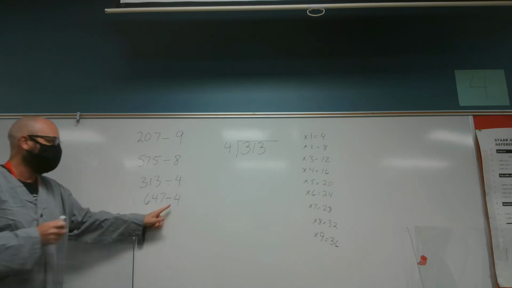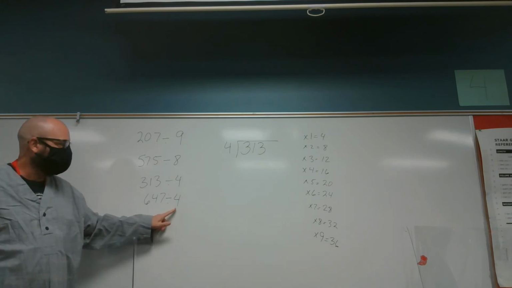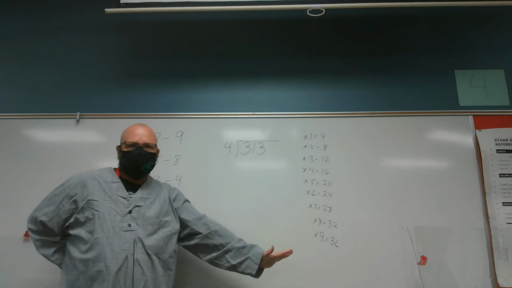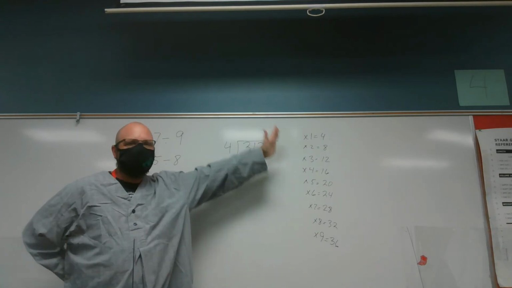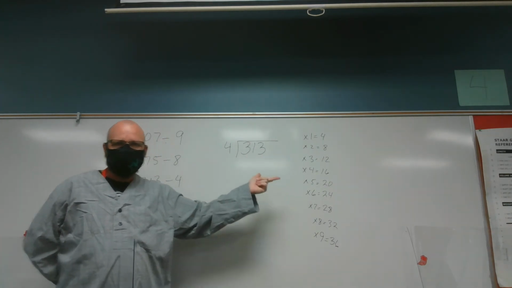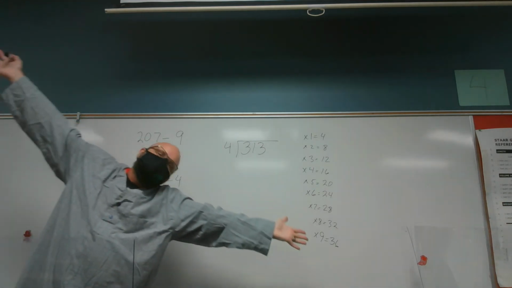Something cool here is I have another problem on this page that I'm going to divide by 4. So I wouldn't erase this when I did the work. I would always leave my multiples up because I may come back and use the same multiple again.